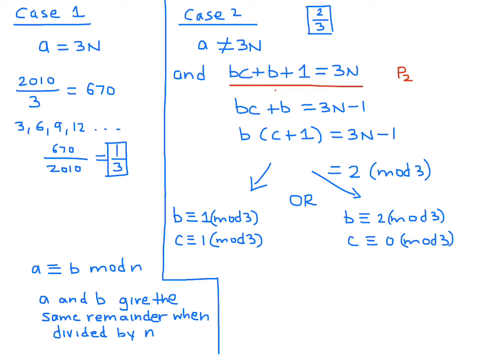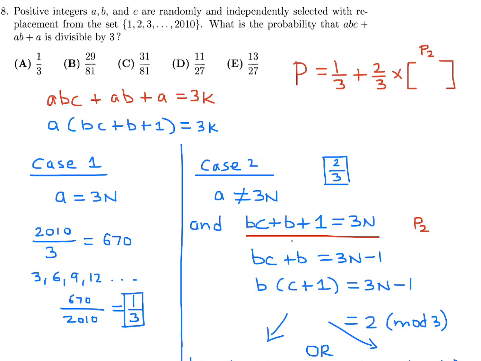So let's talk about this. B is 1 mod 3. What does that mean? It means that when you take B and divide it by 3, it gives a remainder of 1. So examples of that are B equal to 4, 7, 10, those kinds of numbers. And of that original set of 2010, every third number will be like that.